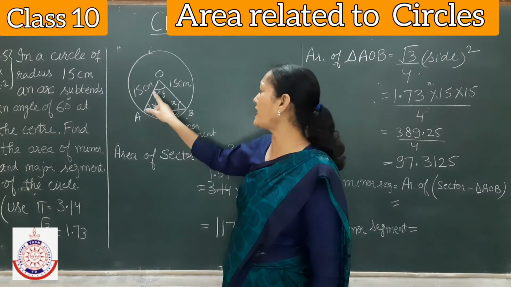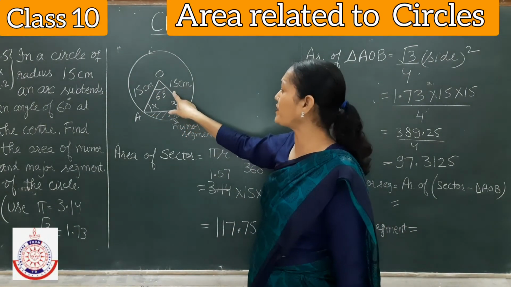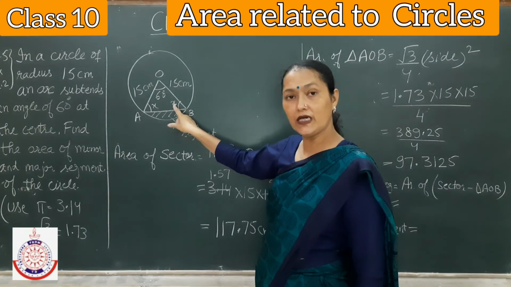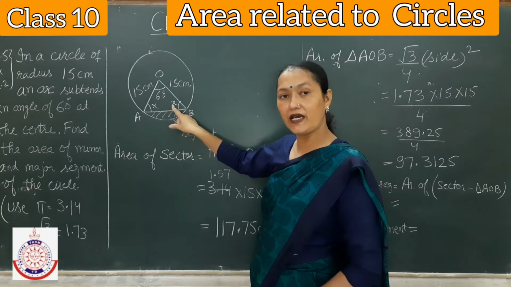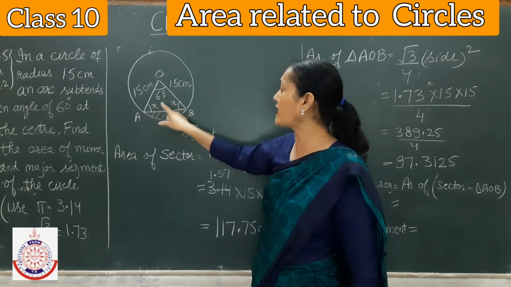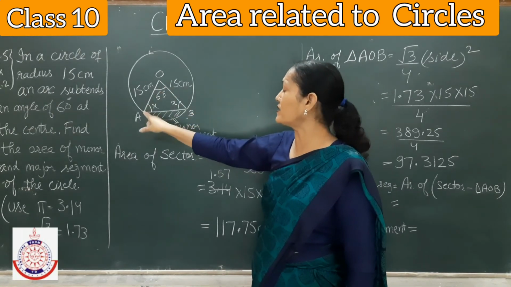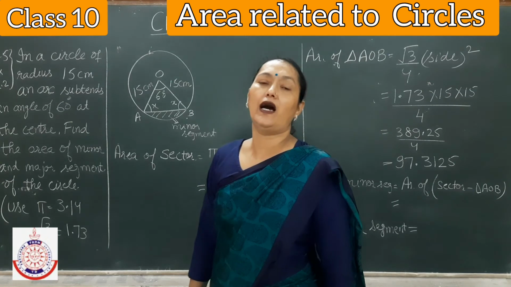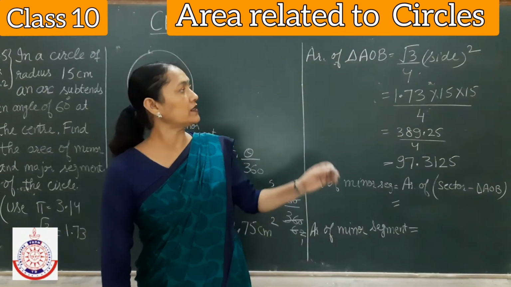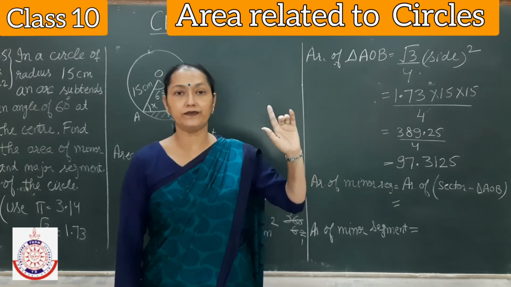See here, this angle is given 60 degree. These two sides are equal, means opposite angles will also be equal. Sum of all the three angles is 180. If you calculate the other two angles, both angles will come out to be 60 degree. That means this triangle AOB is an equilateral triangle, and we know that area of equilateral triangle is root 3 upon 4 into side square.